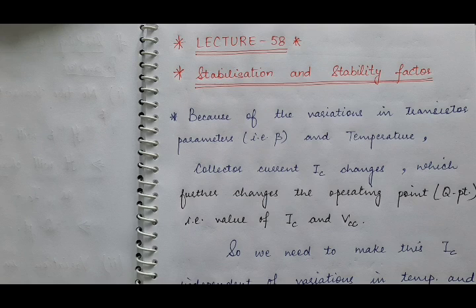So far we have discussed how the operating point shifts because of two reasons. One, because of the variations in the parameters of the transistor, like current gain. It will change if you replace the transistor by another transistor, because there will be a change in beta.